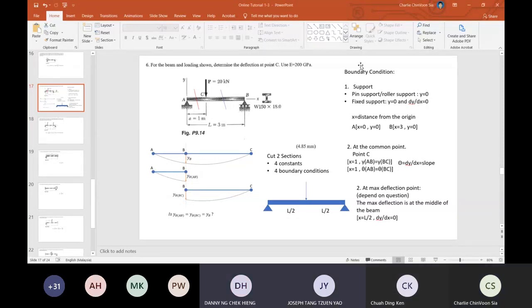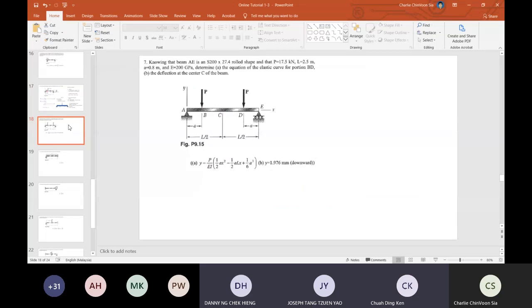Sir, I have a question. Yes, ask. Let's say for question 7, if you are asked to find A, B, C, D to E, can I say that we have two common points, B and D?